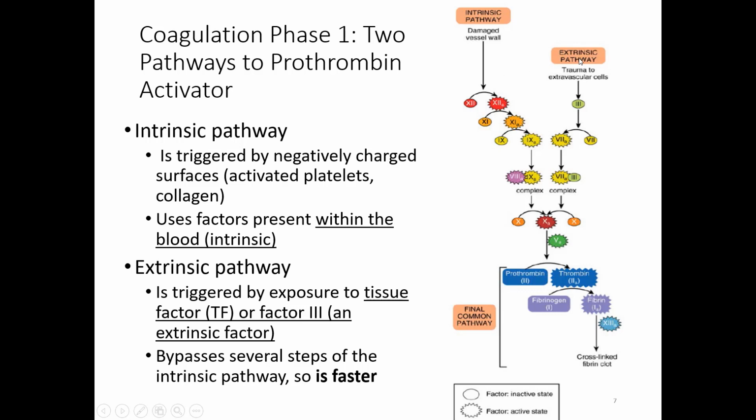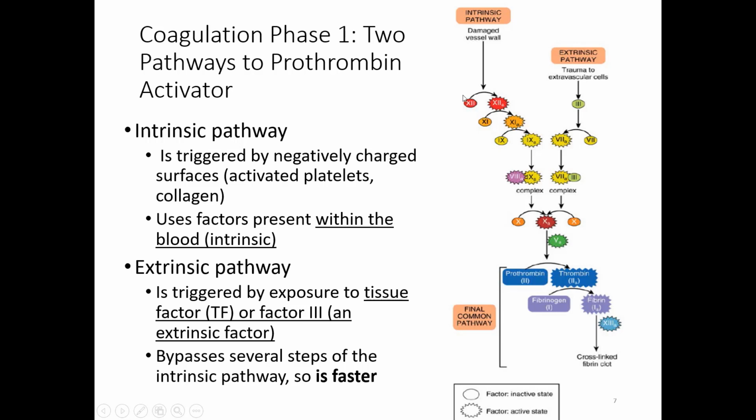The second, the extrinsic pathway, starts from the cells surrounding the blood vessel that also were damaged. Those produce TF, tissue factor, or factor 3, and the extrinsic pathway is faster.